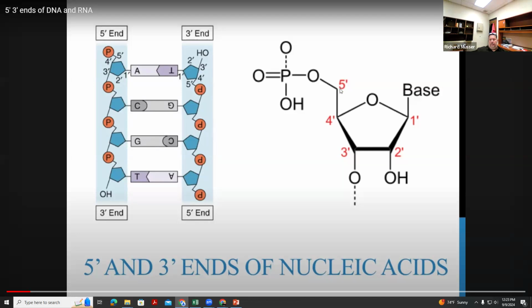The 5' always has this phosphate group, and the 3' has this hydroxyl group, which is the OH up here. So we call the direction that has the hydroxyl the 3', and the direction that has the phosphate the 5'. So they're flip-flopped. Here's the phosphate with a 5', and then you'll see the hydroxyl group, so this is the 3'.